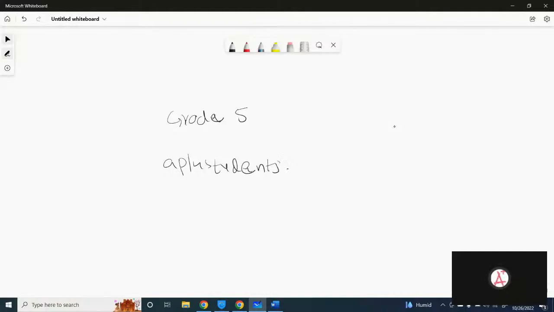You have to log in there using your email address and password as provided by the administrator. Then you have to select math from the subject tab. Scroll down to grade 5.